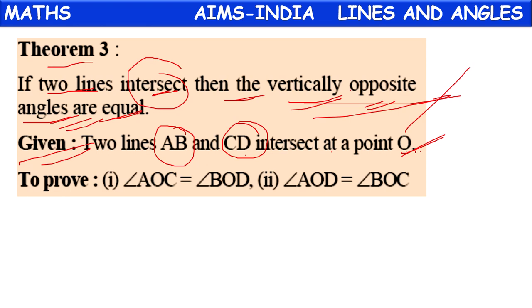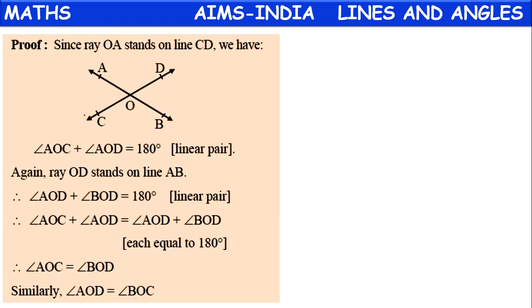At the point of intersection, vertically opposite angles are formed. So AOC and BOD are equal, AOD and BOC are equal. This we have to prove. If AB and CD intersect at O, we have to prove that angle AOC is equal to angle BOD and angle AOD is equal to angle COB.